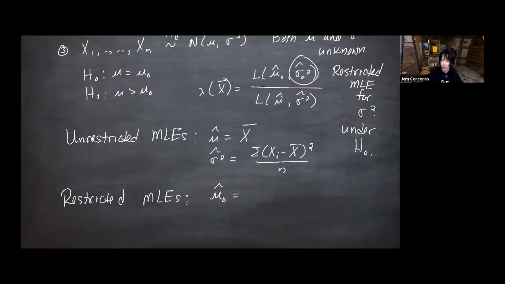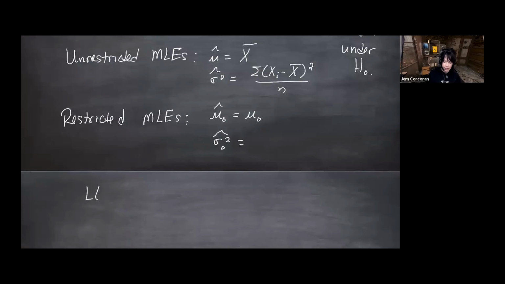So this is just, again, maximizing a likelihood over a single point. And then the sigma squared naught hat is you maximizing the likelihood with your restricted MLE plugged in.